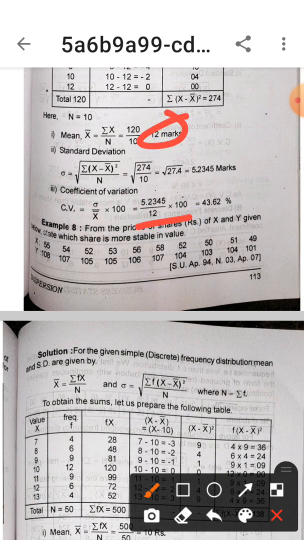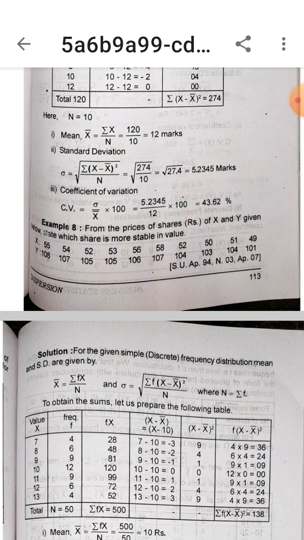Okay, because each and every time CV is expressed in percentage, therefore we have to multiply by 100 to sigma upon mean. Okay, which gives you answer 43.62%, because CV is always expressed in percentage. Therefore write percentage sign to each and every answer of CV.